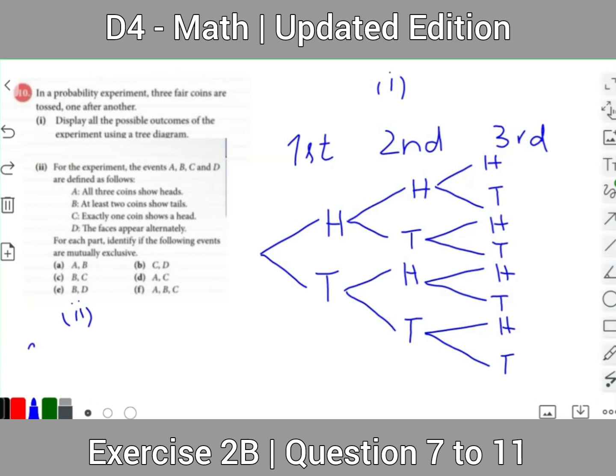So in part A, we have A and B. Since the event A is all 3 coins show heads and B is at least 2 coins show tails, there is nothing in common between these two events. So A and B are mutually exclusive.